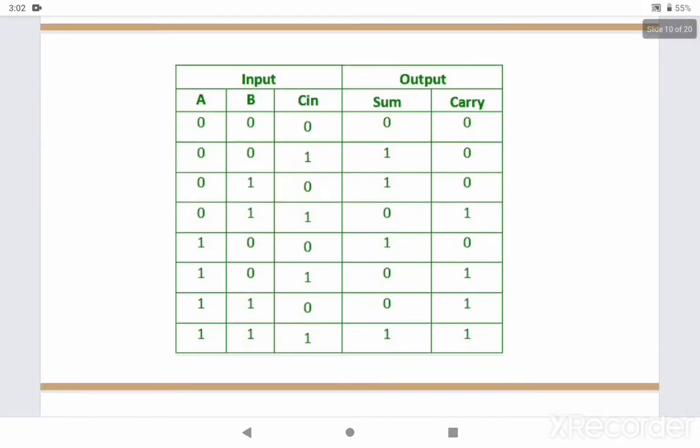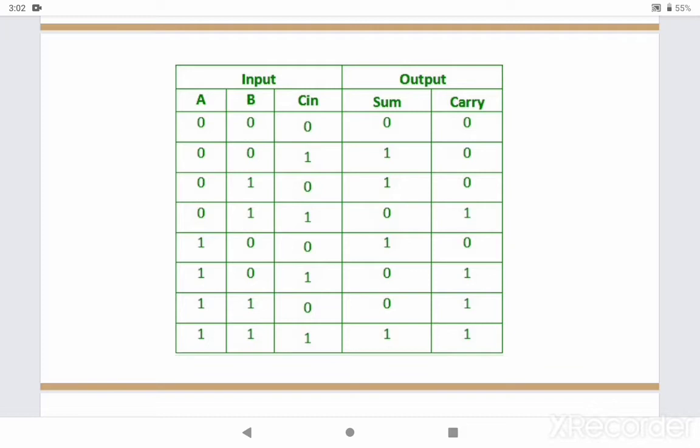Then you can see the truth table for the full adder. We have 3 values as inputs and 2 values as outputs here. If I'm giving the input 0 plus 0 plus 0, obviously the sum will be 0 and no carry, so it is 0.